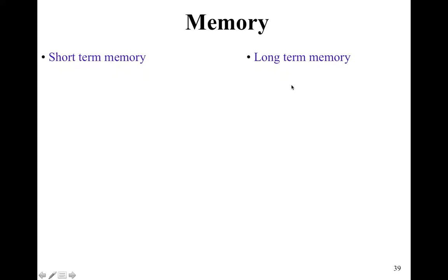Long-term memory changes the physical structure of the brain, changes the structure or the function of a neuron. Long-term memory is created when synapses are made from one area to another. And this is a huge oversimplification, but think about the areas of the brain as cubby holes.